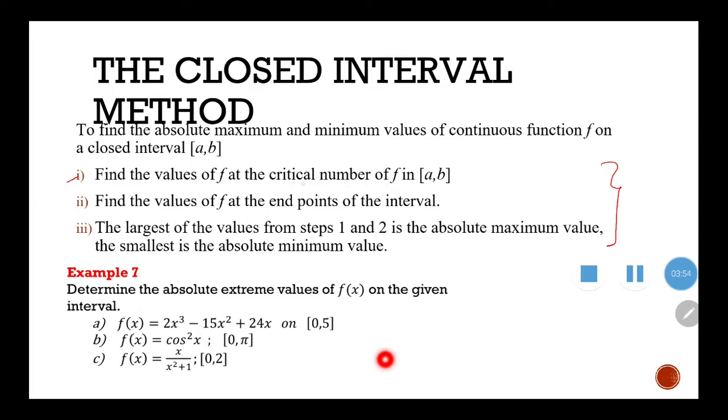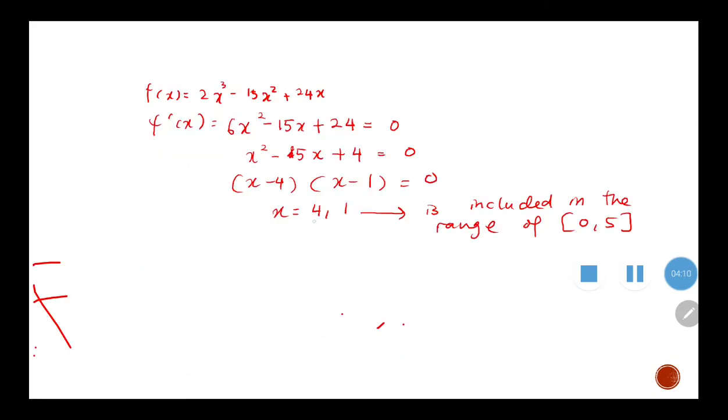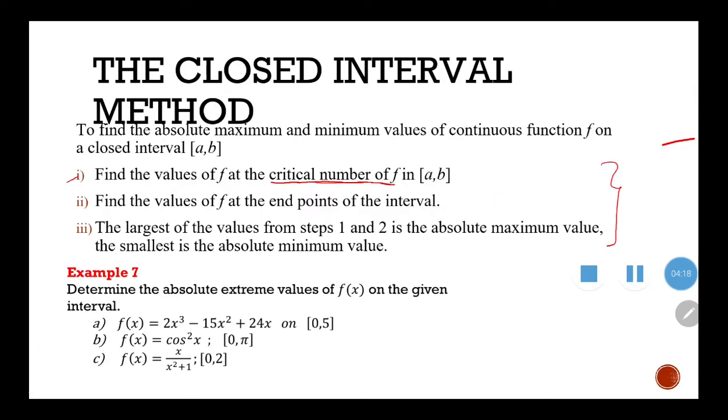So that is what it means. Just now we have calculated the critical numbers of f, right? The critical numbers of f are 4 and 1, which are still within the range of 0 and 5. So now we have fulfilled the first checklist here.